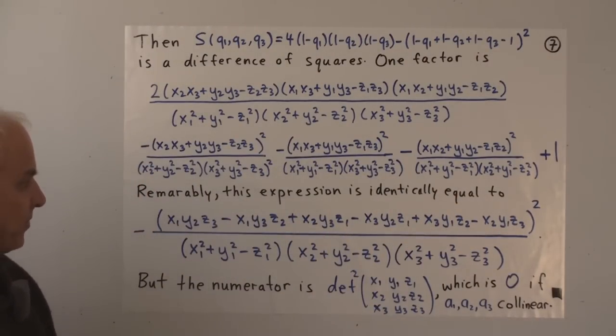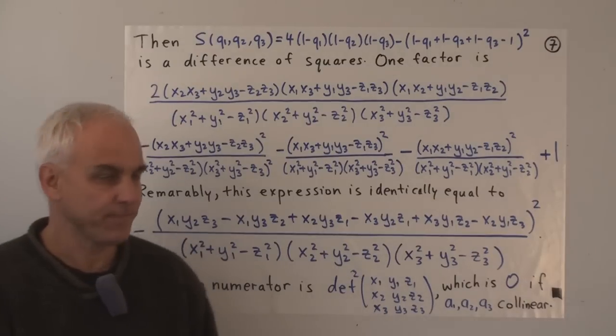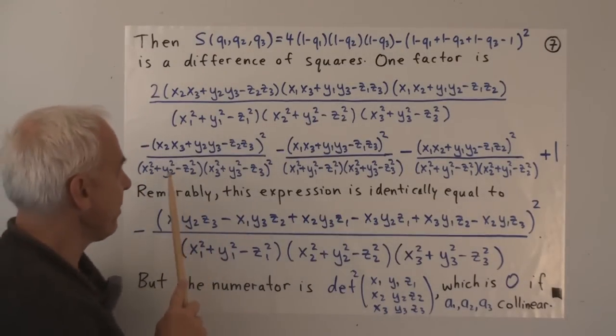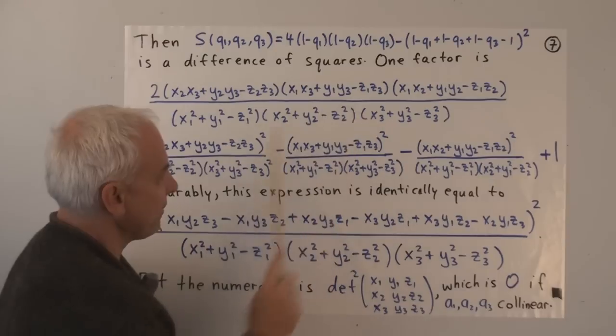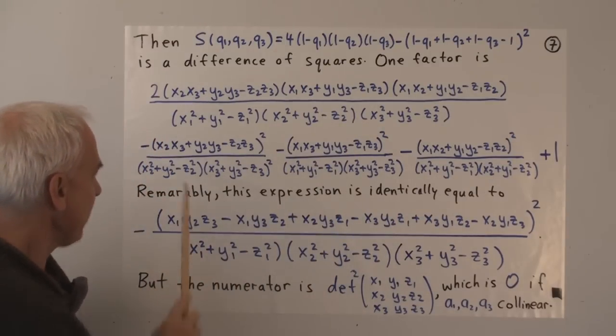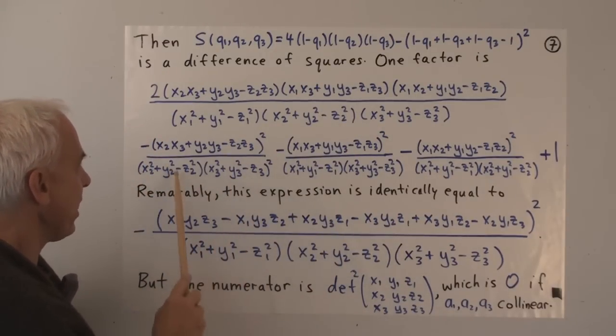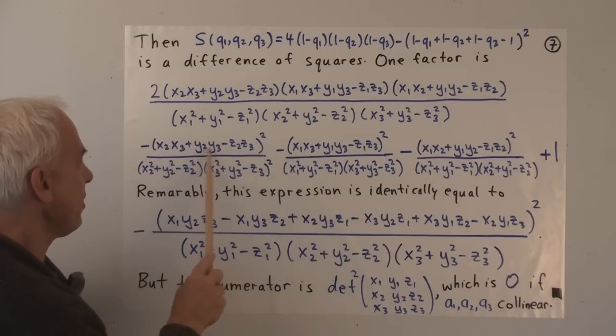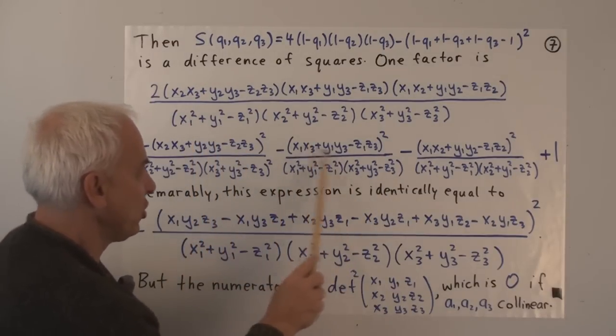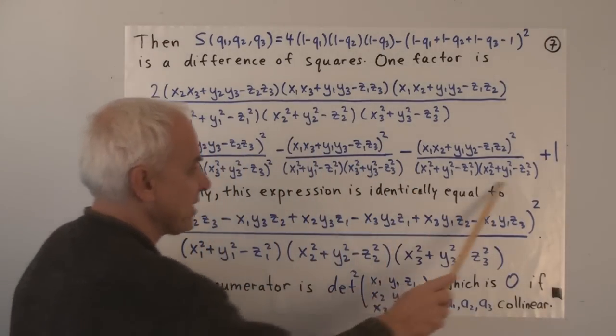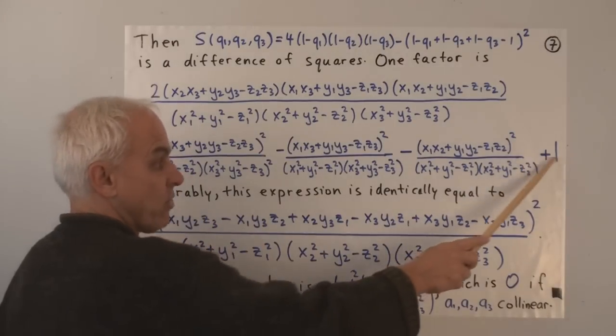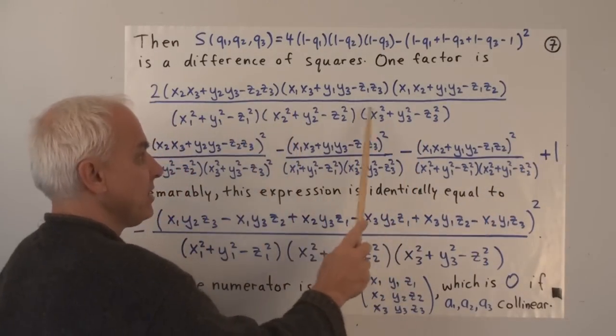How are we going to simplify that? We're going to get it over a common denominator. We almost have common denominators. Here's the obvious candidate for the common denominator. So we're going to have to multiply this thing here by x1 squared and so on. We're going to have to multiply this one by x2 squared and so on, this one by x3 squared and so on, and this one by all three together.